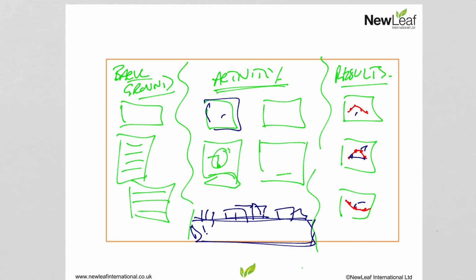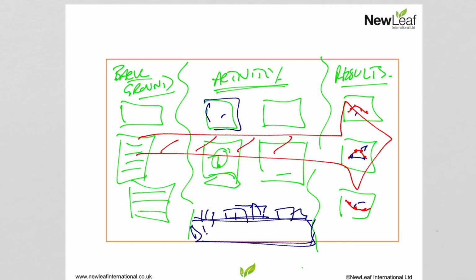Now the key thing about this, and this is the concept of the board that tells a story, is that you start on the left-hand side. This is the way our eyes are trained to look at things, and it travels from left to right. So when you're looking at the board, you naturally want to start here, and then you see the connections between various different things.